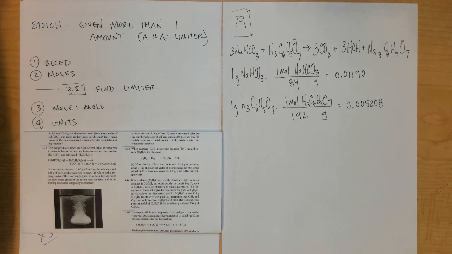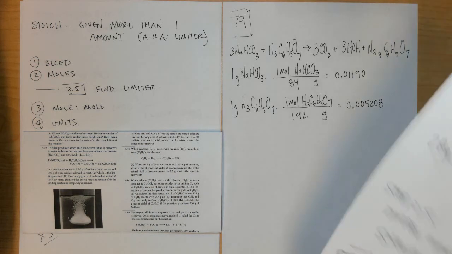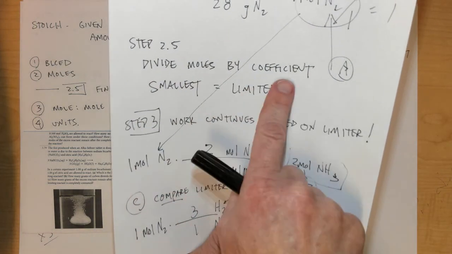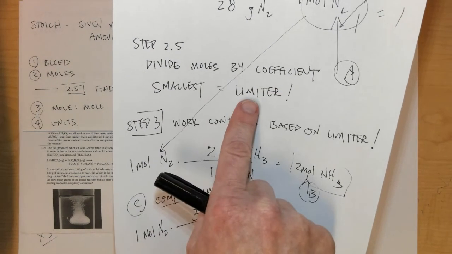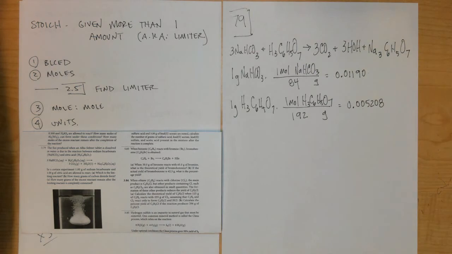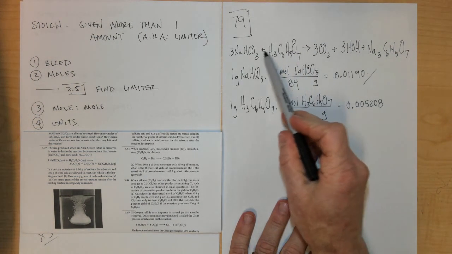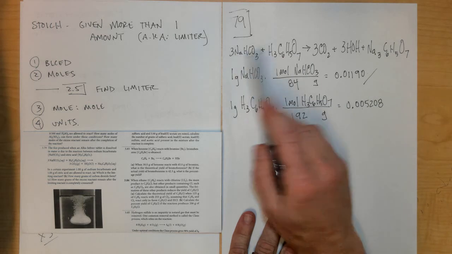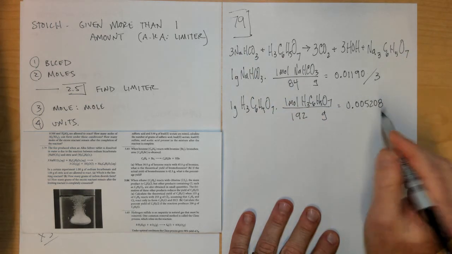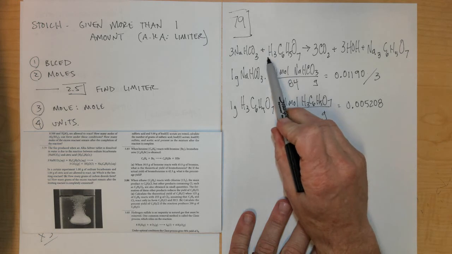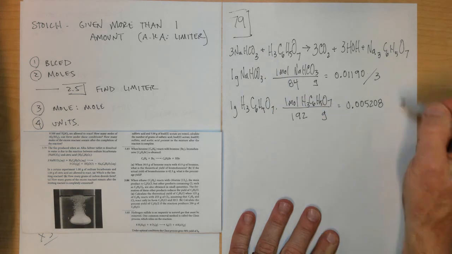Looking back at your notes, what are your steps to determine what the limiting reagent is? Divide the moles by the coefficient, right? And the smallest is the limiter. Okay, so now we need to take this number and divide it by the coefficient in the balanced equation, which is 3. Okay, and we need to take this one and divide it by its coefficient, which is 1.